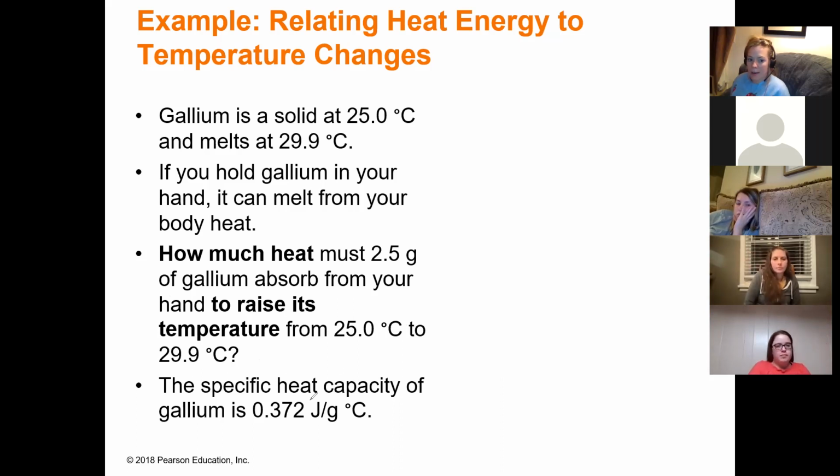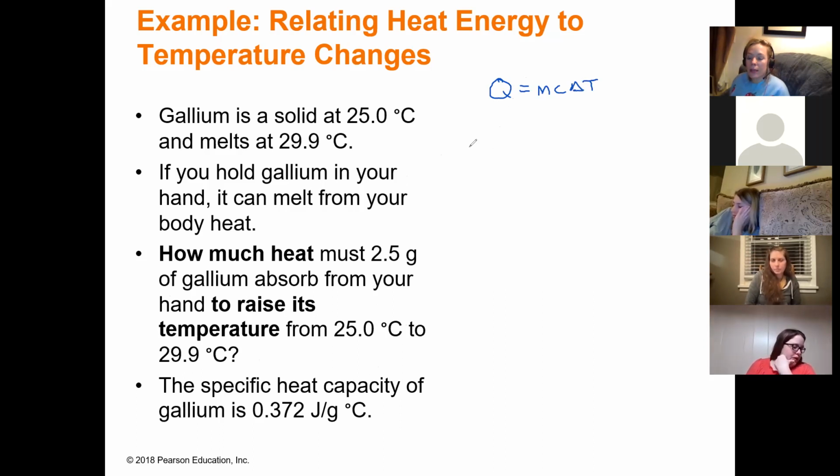The specific heat capacity of gallium is 0.372 joules per gram degree Celsius. Anytime you start seeing specific heat capacity, heat, temperature changes, I would just write out Q equals MC delta T. Chances are that's the equation you're going to use.